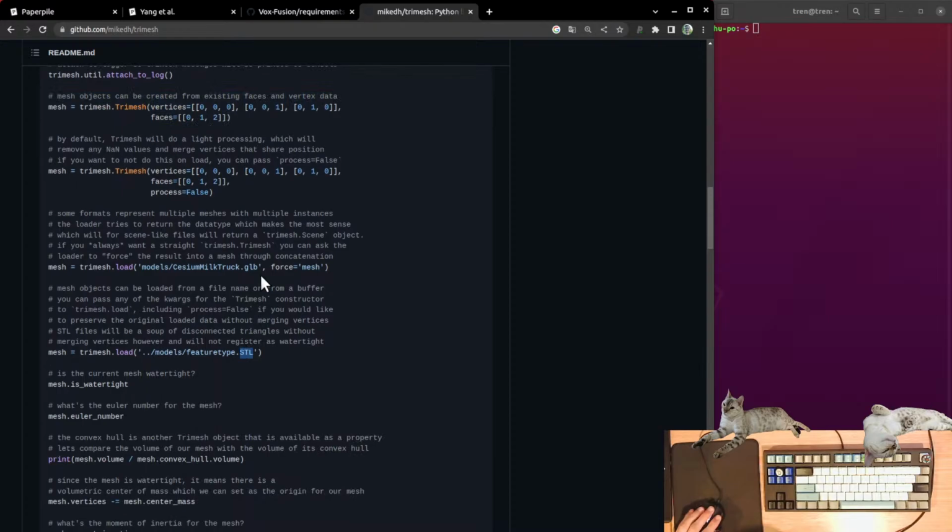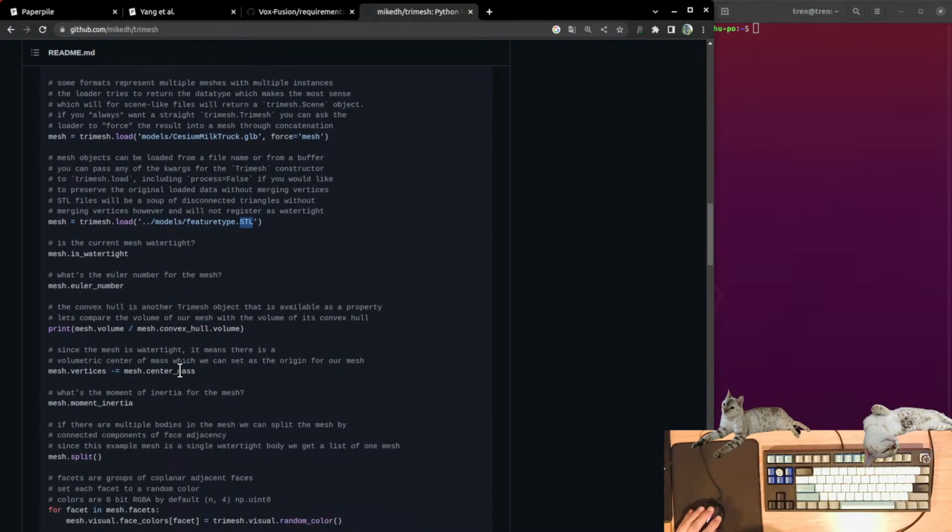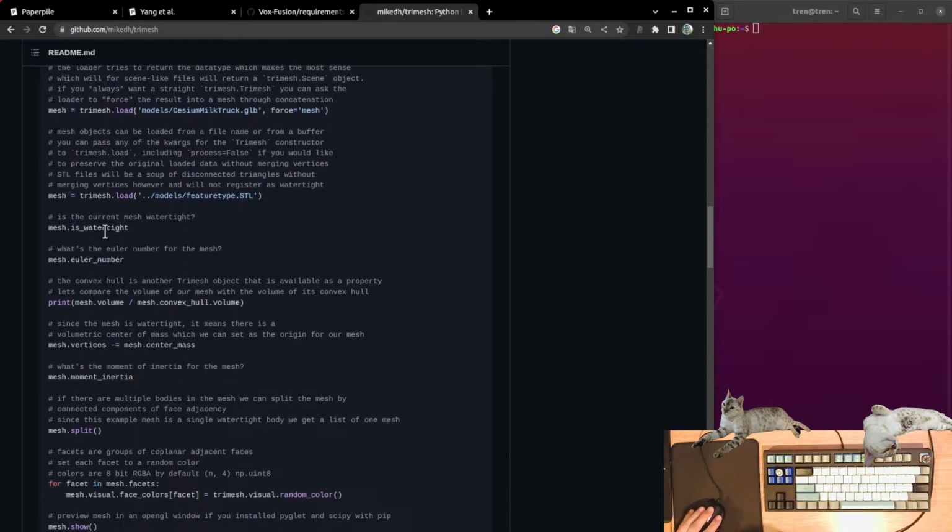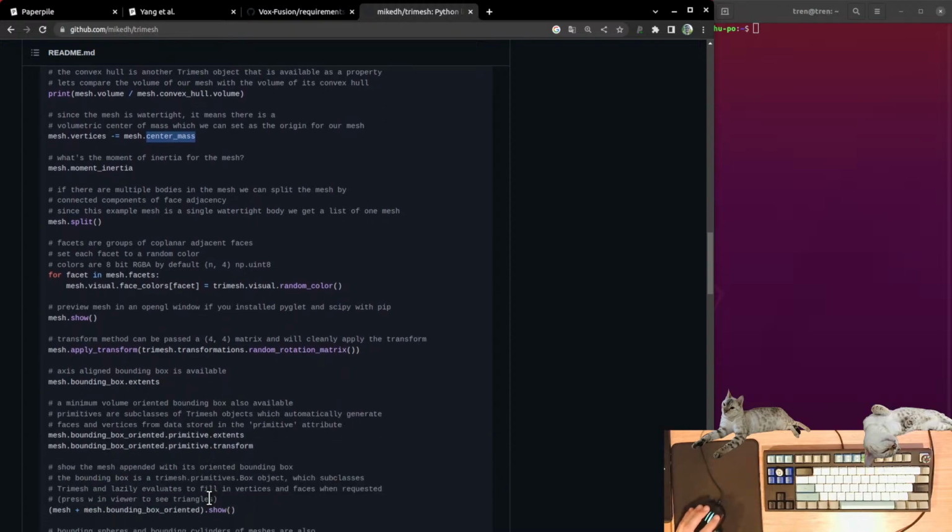You can load STL files, GLB files. Oh, that's pretty cool. There's a bunch of little utilities here. Is it watertight, or are there holes? The volume. The vertices. The center of mass. This is pretty good. I like this. Why have I never heard of this package before? This seems pretty badass.